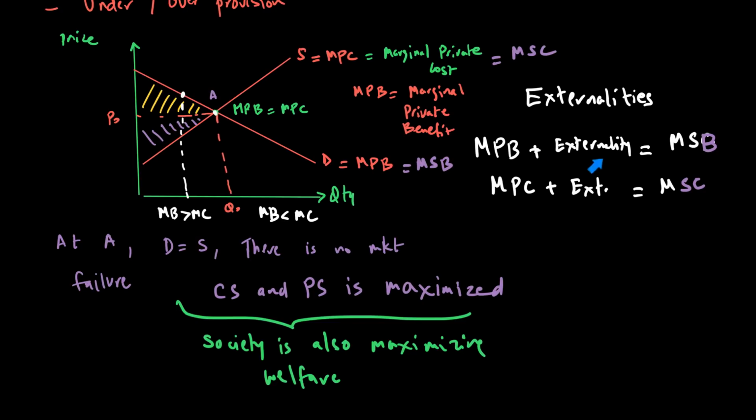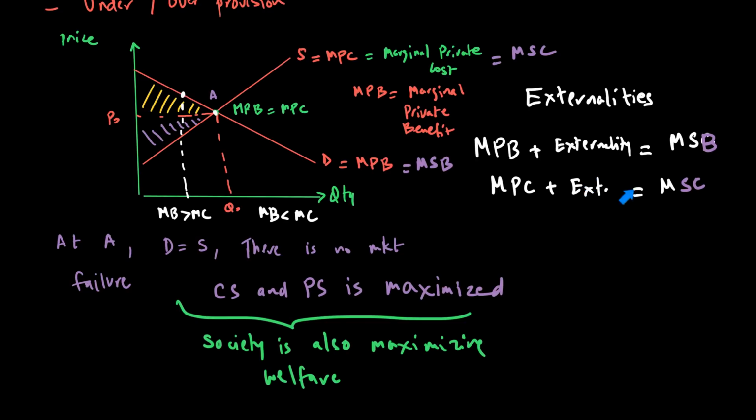When there is externality, there is a divergence, the word that we are using, between your social benefit and private benefit. Now social benefit will not be equal to private benefit, or social cost will not be equal to private cost, because there is externality. Make sense?